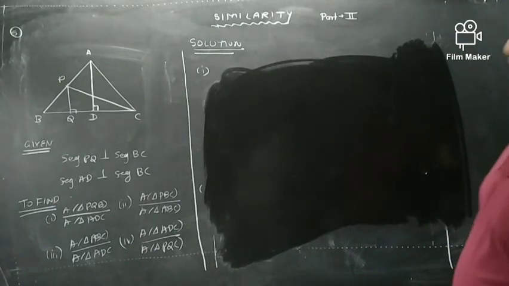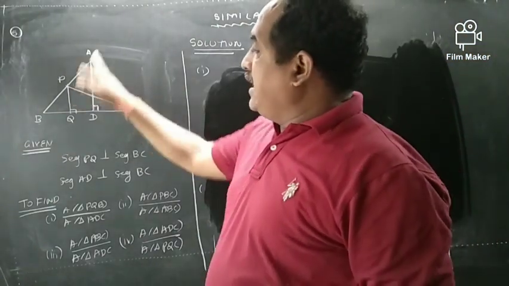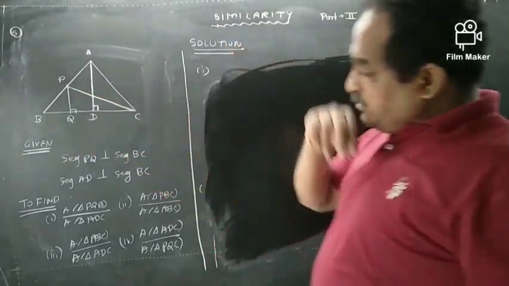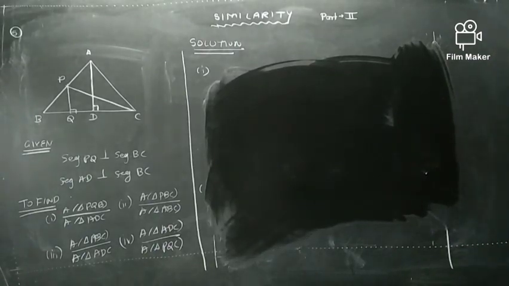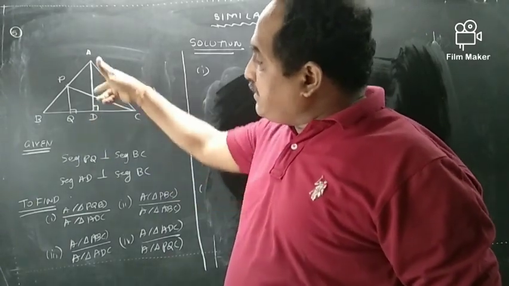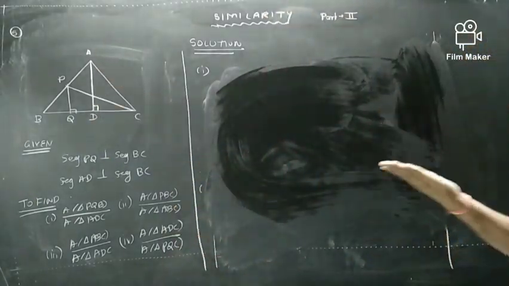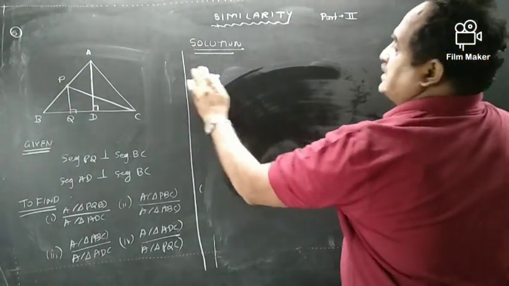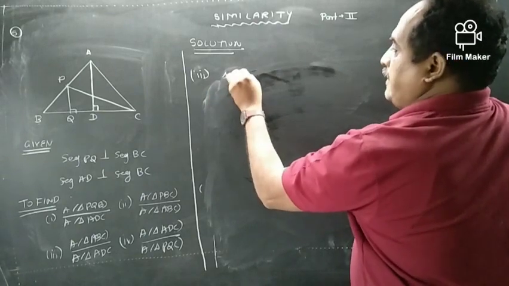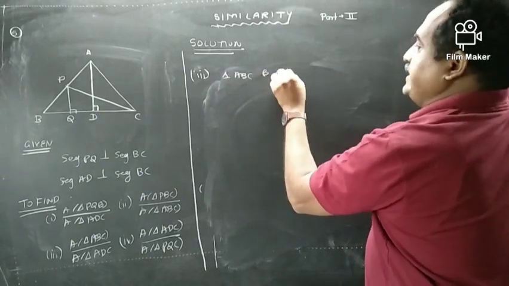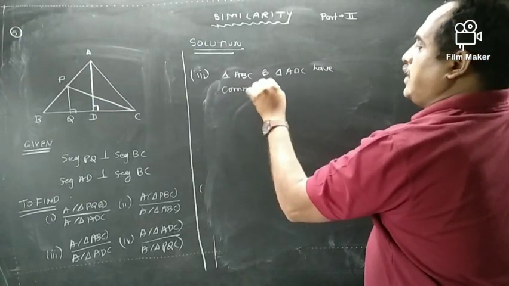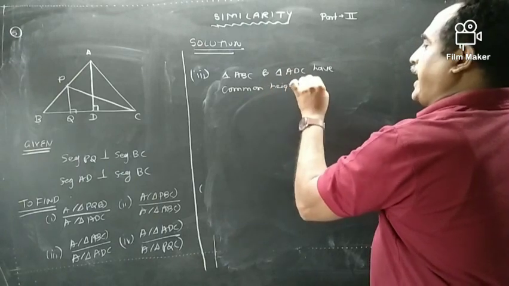Third question is ABC and ADC. If you see the triangle ABC, BC is the base, AD is the height. In triangle ADC, DC is the base and AD is the height. Ultimately, AD is the common height. So we have to mention it. Third answer is: triangle ABC and triangle ADC have common height AD.